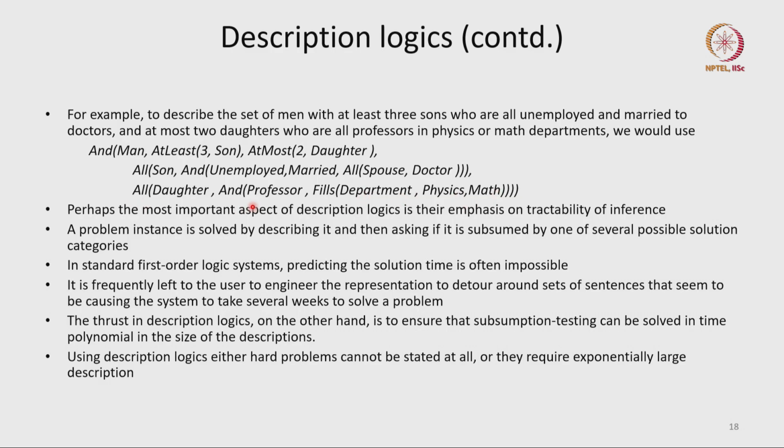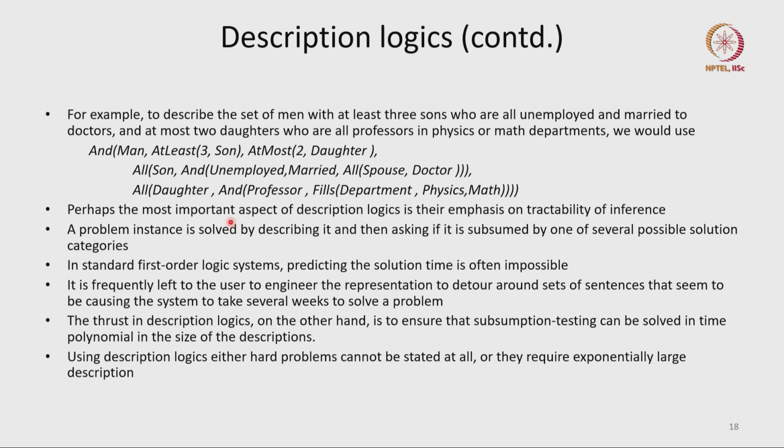So, this particular sentence or concept can be easily described by using the description logic. In the first order logic it will be a little difficult to actually represent this.